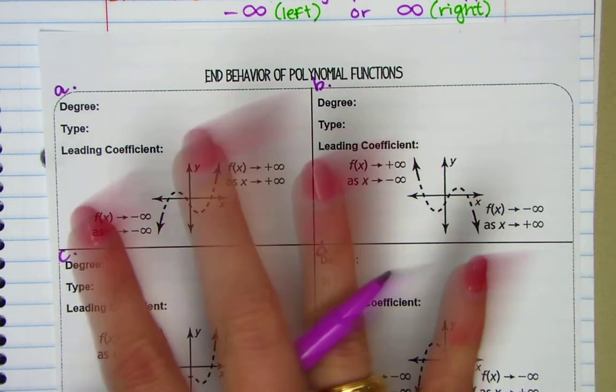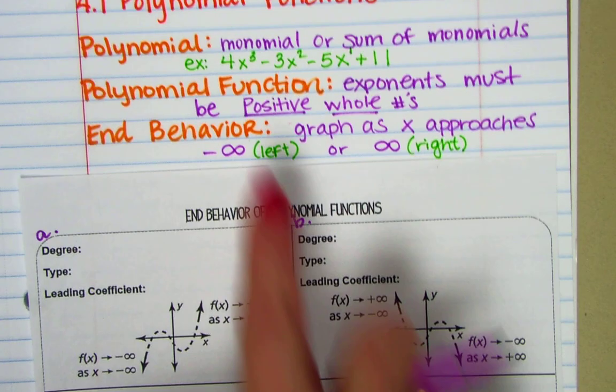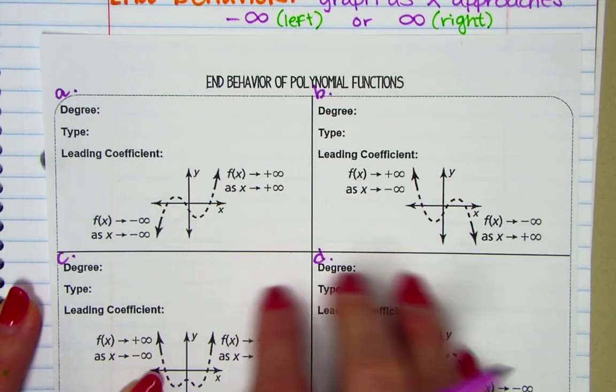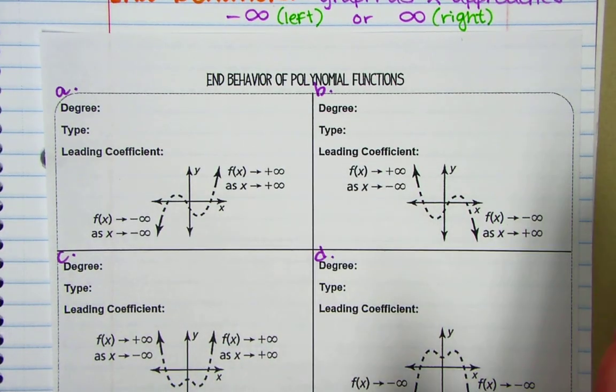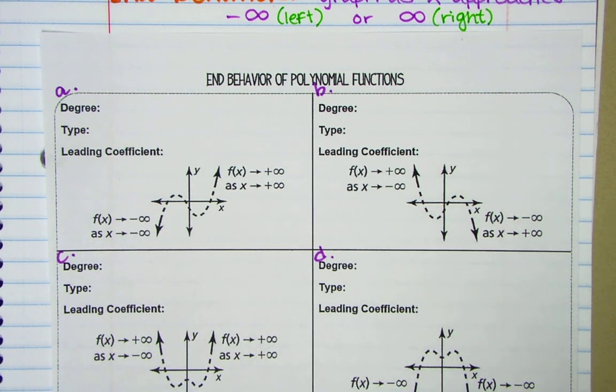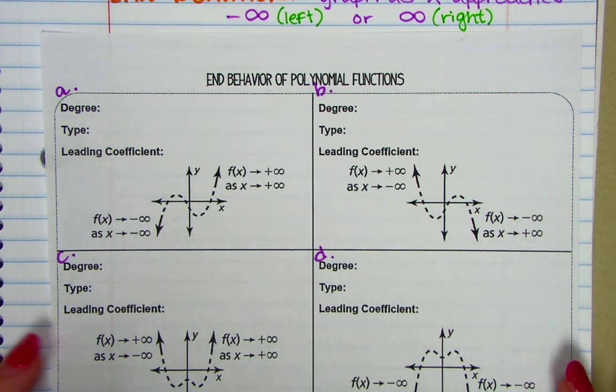We don't have the actual function, like the x squared that goes along with them. We're just looking at the pieces of the graph. On the next problems after this, we'll look at ones with actual x's in them and the actual function. But right now we're just looking at the graph trying to identify what's going on.